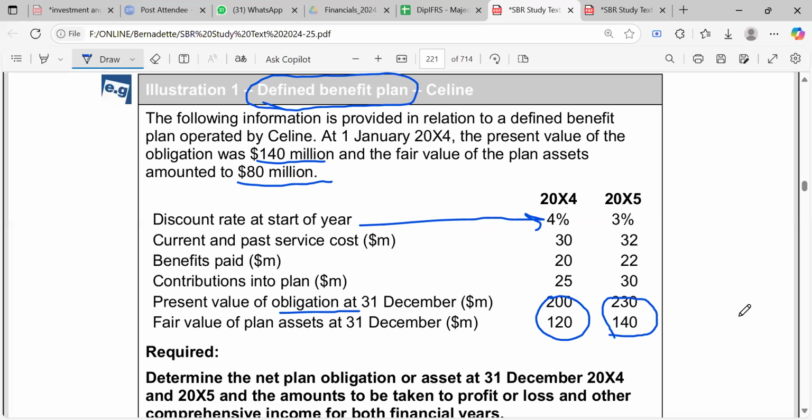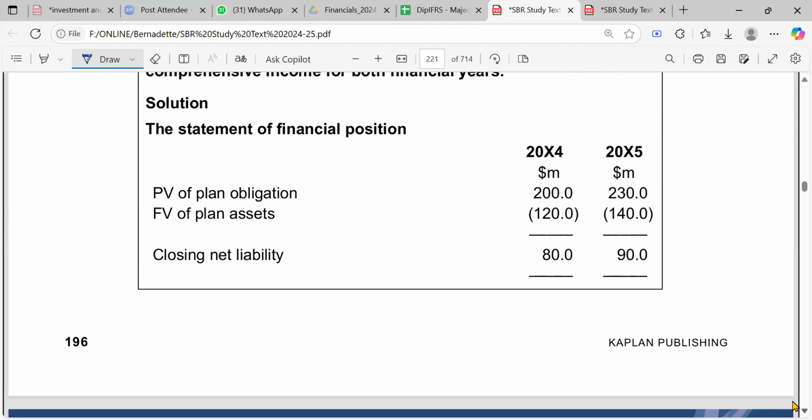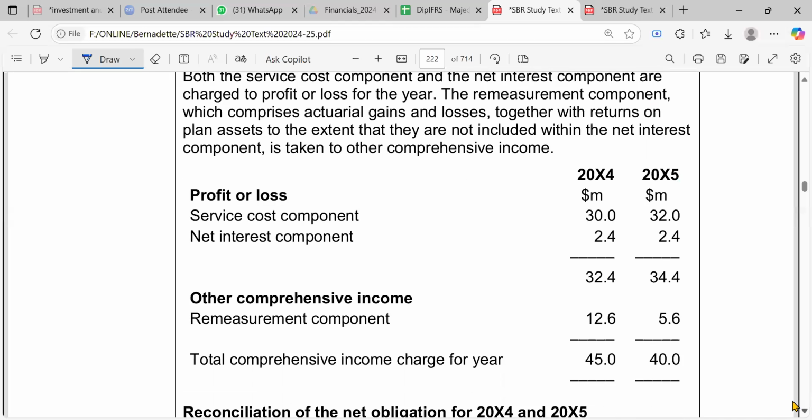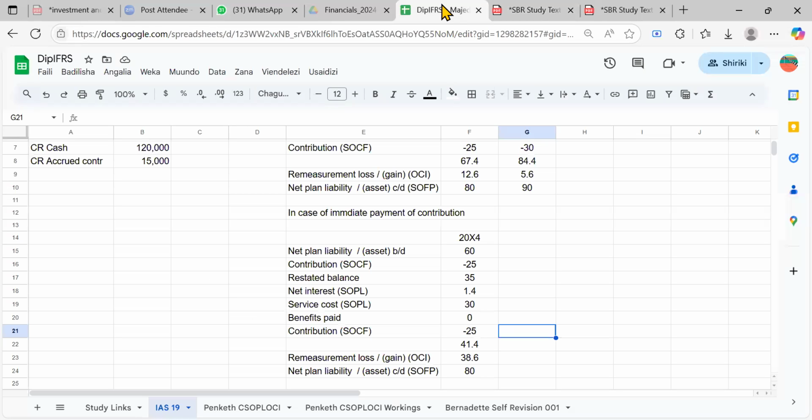Okay, let's go back. We have already seen what goes to profit or loss, right? What goes to profit or loss? Service component and then net interest component. Other comprehensive income, we have seen this 12.6 and 5.6.